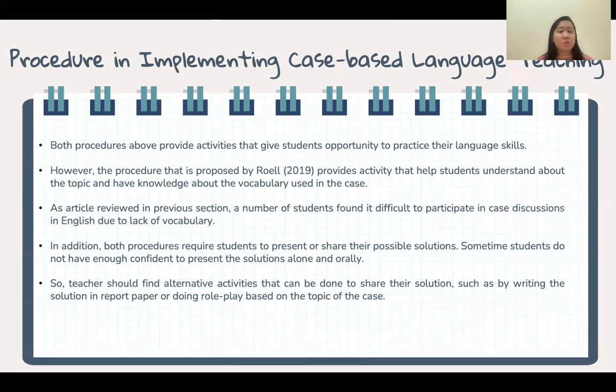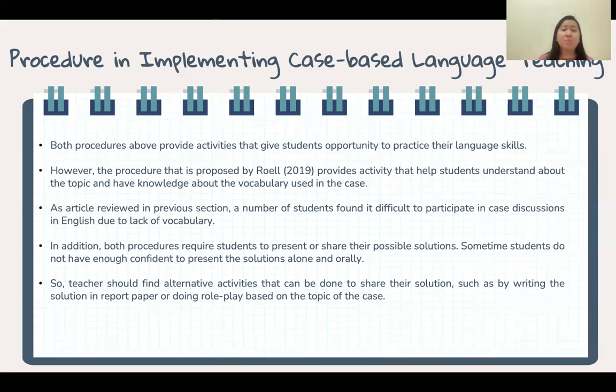However, the procedure proposed by Rules 2019 provides activity that helps students understand the topic and have knowledge about the vocabulary used in the case. As the article reviewed in the previous section, a number of students found it difficult to participate in case discussion in English due to lack of vocabulary.